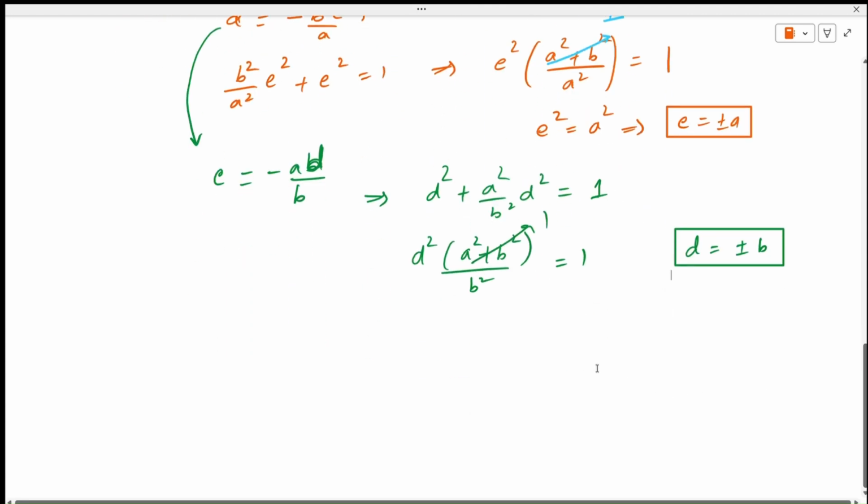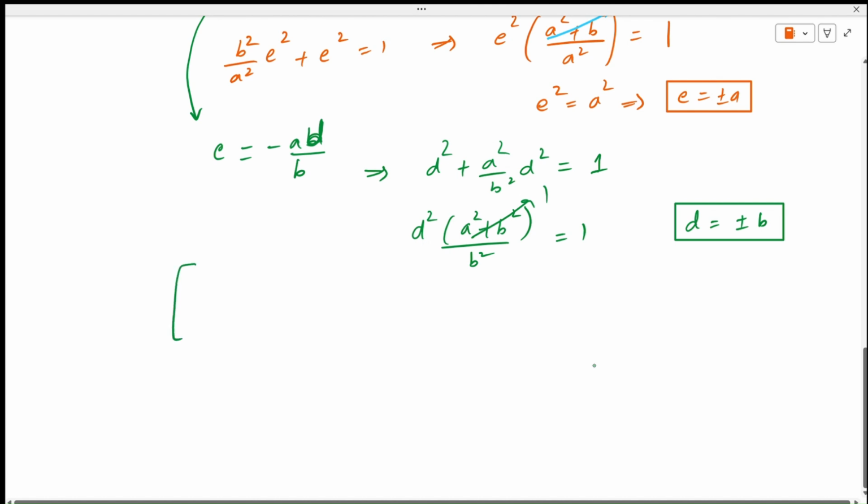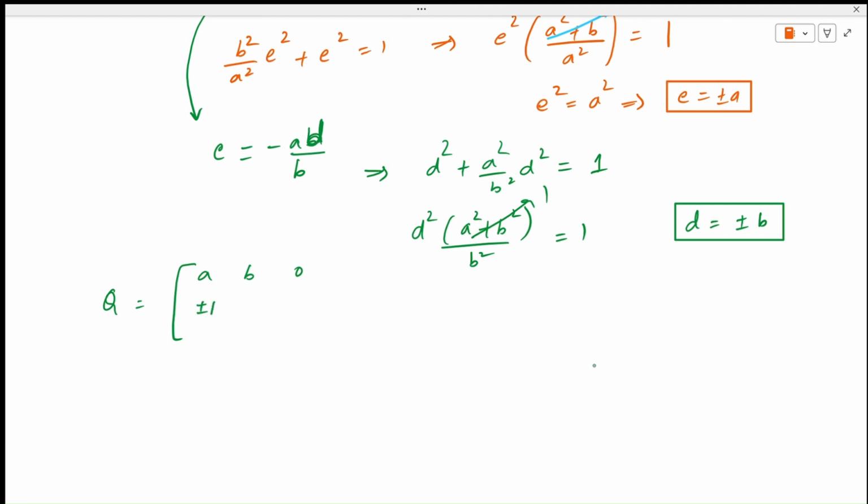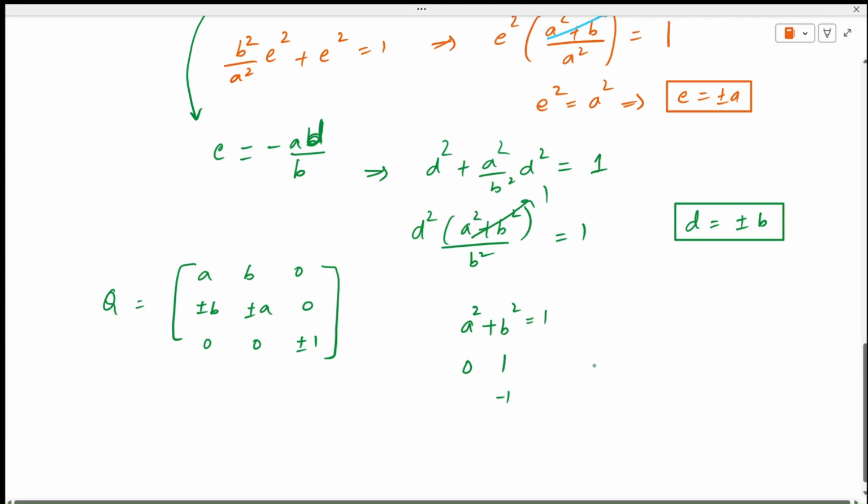So the final matrix is Q equal to A, B, 0, and D is nothing but plus or minus B, and E is nothing but plus or minus A. This is 0, this is 0, this is 0, this is I, which is plus or minus 1. And for the condition A square plus B square equal to 1, we are using only integers. So if A is 0, then B is 1 or minus 1. If A is 1, then B is 0. If A is minus 1, then B is also 0.